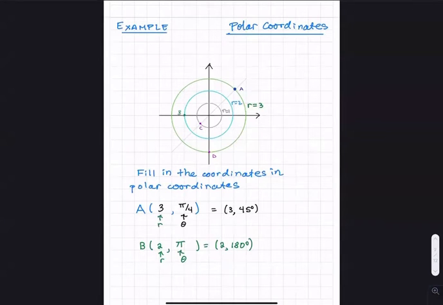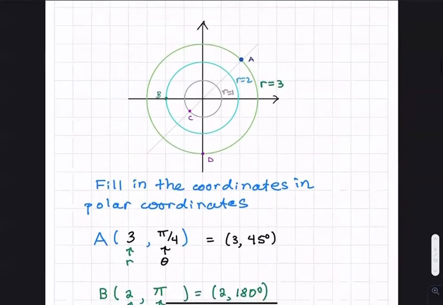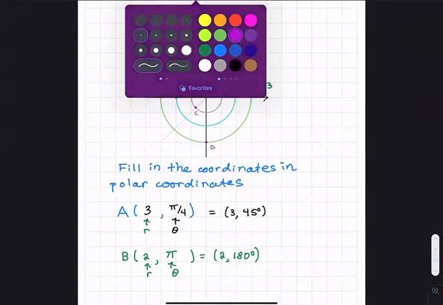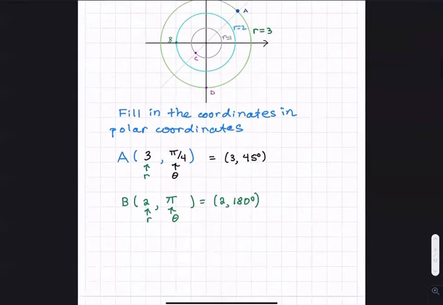Let's talk about A. A can also be described with theta equal to pi over 4 plus 2 pi, or pi over 4 minus 2 pi. That'll give you the same point. So it's natural to write down the point so that theta is between 0 and 2 pi, but it doesn't have to be like that.